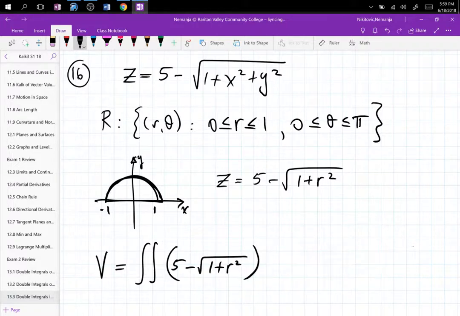We have to put that in parentheses because both of those need to be multiplied by r. We want half of the circle, so 0 to pi, and we want the unit circle, so the radius must be 0 to 1. So stare at this for a second, trying to make sense of it.